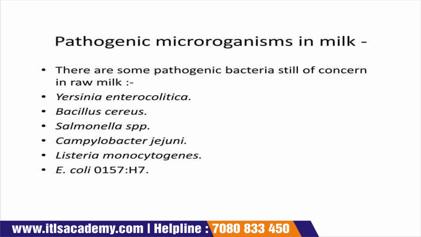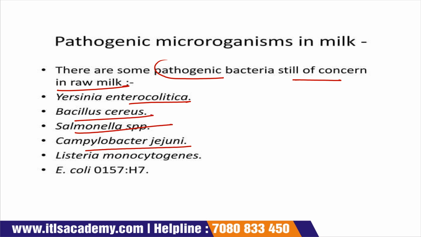There are some pathogenic bacteria which are still a concern if they are present in raw milk, like Yersinia enterocolitica, Bacillus cereus, Salmonella species, Campylobacter jejuni, Listeria monocytogenes, and E. coli O157:H7.